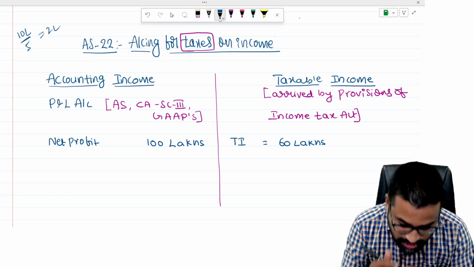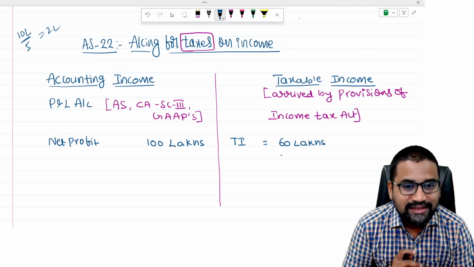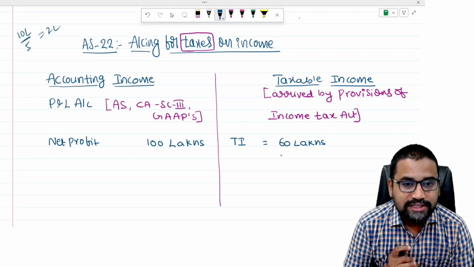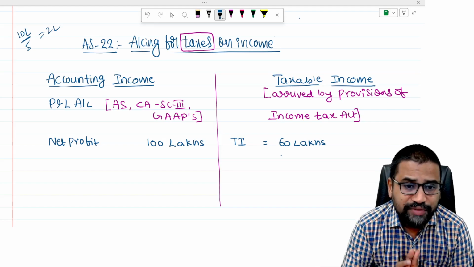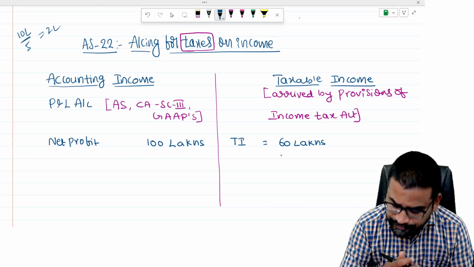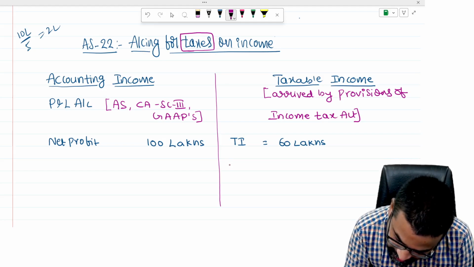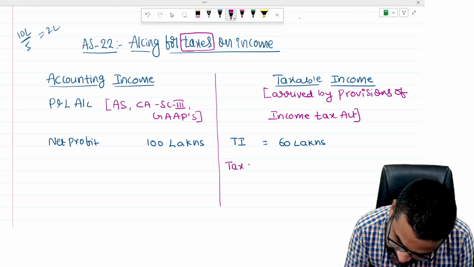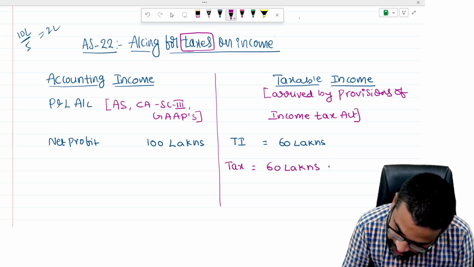Anyways, now the difference is: net profit 100 lakhs, taxable income 60 lakhs, so there is a difference of 40 lakhs. This difference arises because of so many reasons, because of the provisions of the Income Tax Act. Then what is your taxable income? 60 lakhs. Now calculate the tax liability. Suppose you are a company. In case of a company, the income tax rate is 30%.